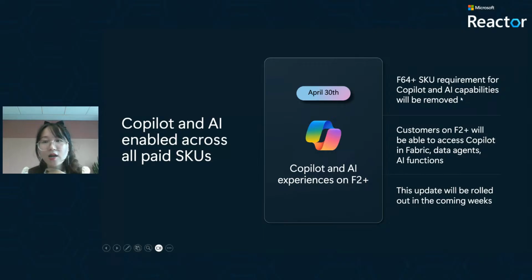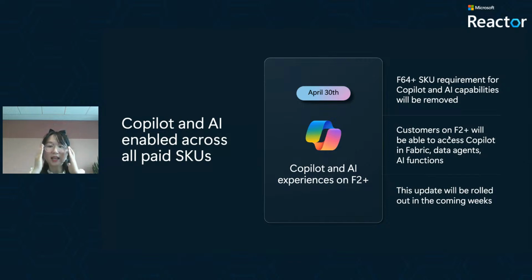But currently, we have reduced the limitation. Customers only need to use Fabric capacity of F2 or bigger. Then you can use the Copilot and AI functions, the data agents, to communicate with our product.